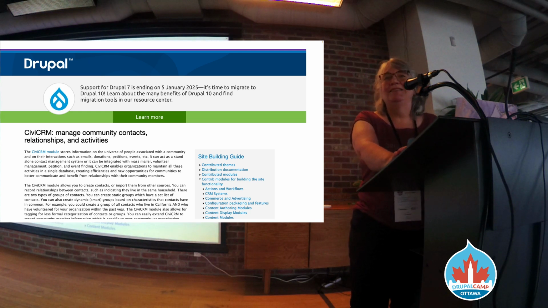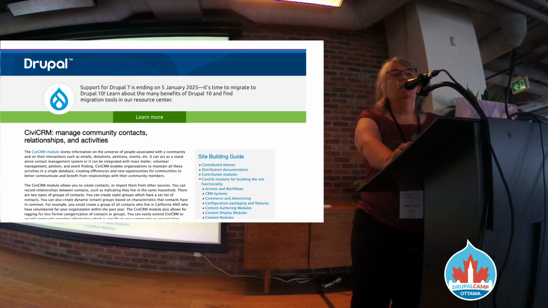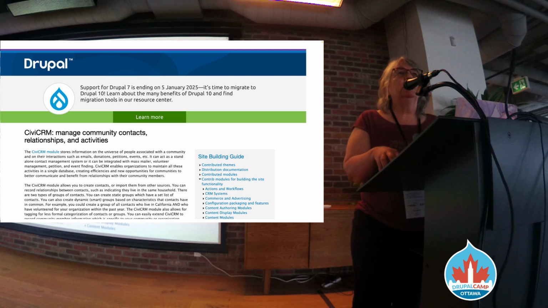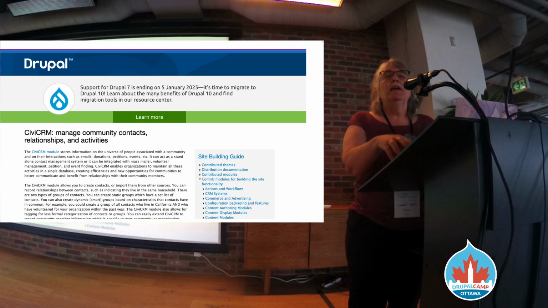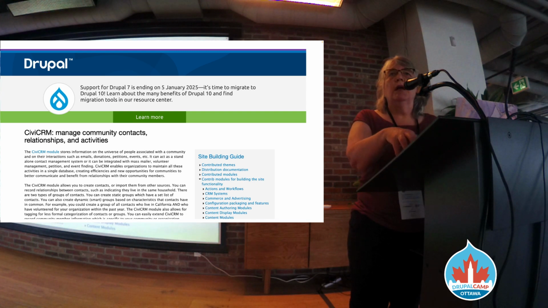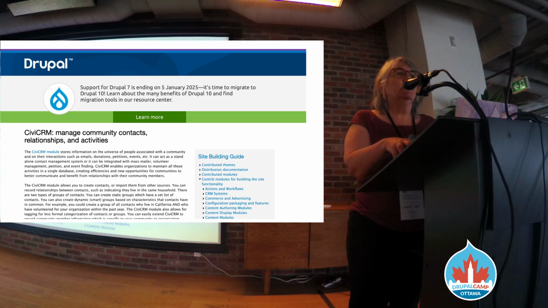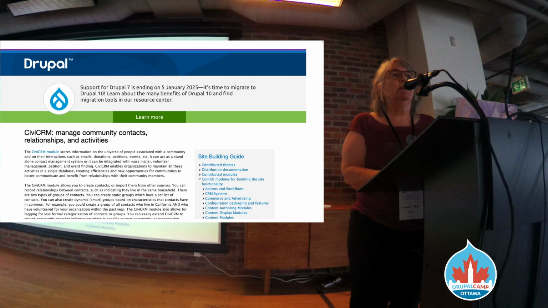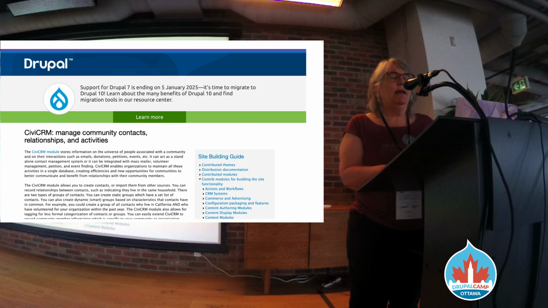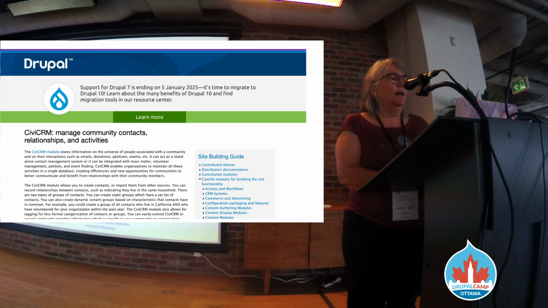Okay, so CiviCRM on Drupal is my preferred way of using it. If you go to Drupal.org and look for CiviCRM module, it's not currently a module that's hosted on Drupal.org, but it does have a project page there that gives you information about the project and links you to where you can find it.